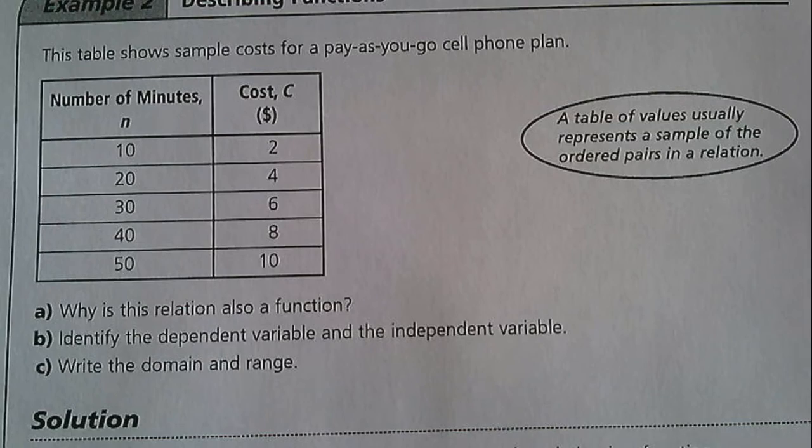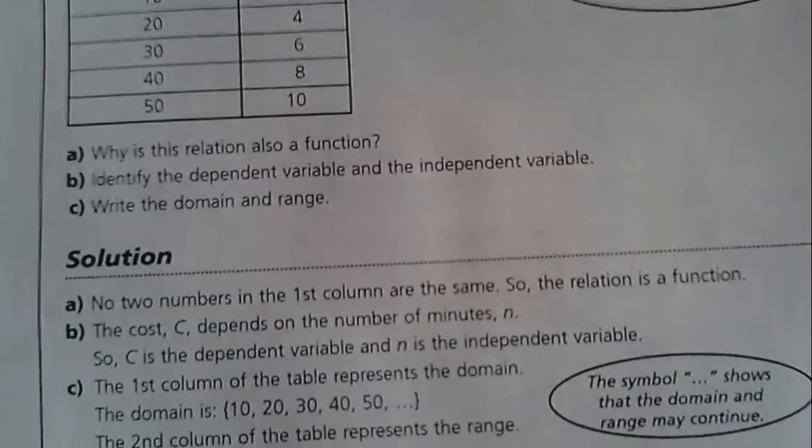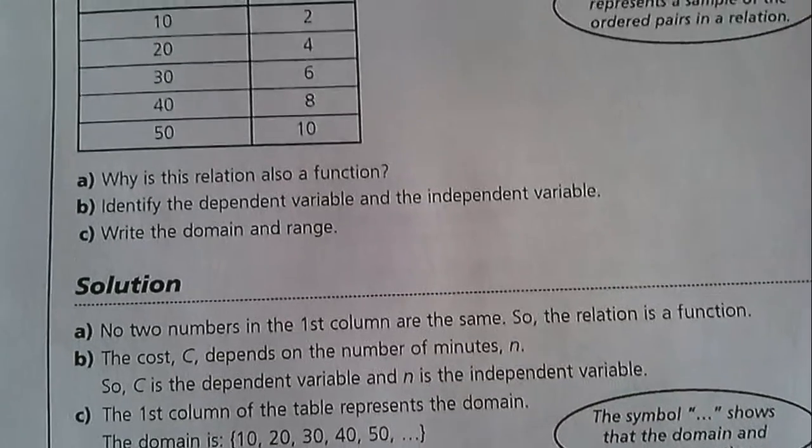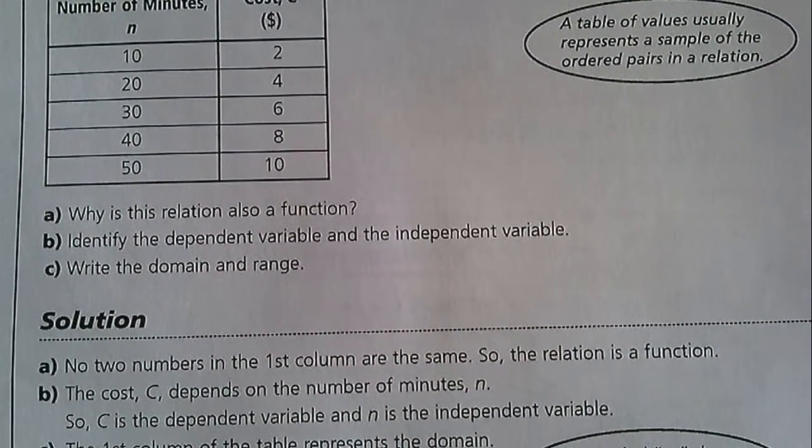Okay, so why is this relation also a function? If you remember from the previous section, in order for something to be a function, we need to have no duplicates of our domain or no repetition in the domain.